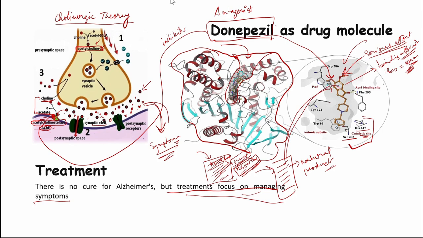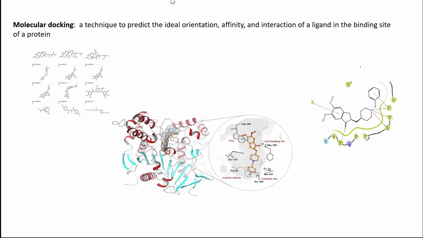So three things it gives you. One is the orientation, two is the affinity, okay, and three is we can do interaction analysis also. So three things it gives you.